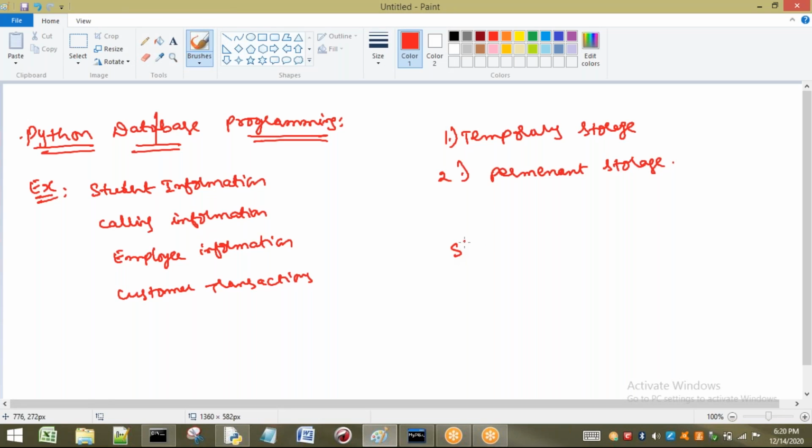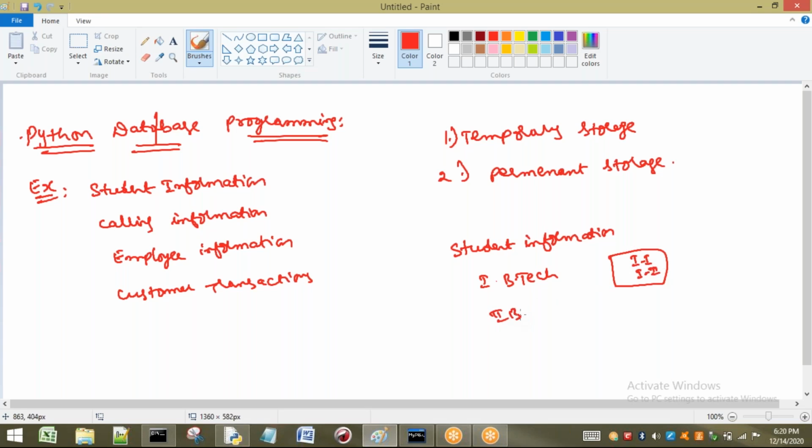If I consider student information, he has joined first year BTech, that is engineering. He has completed his first year. So the university server has to contain his first year marks. It has to be there.